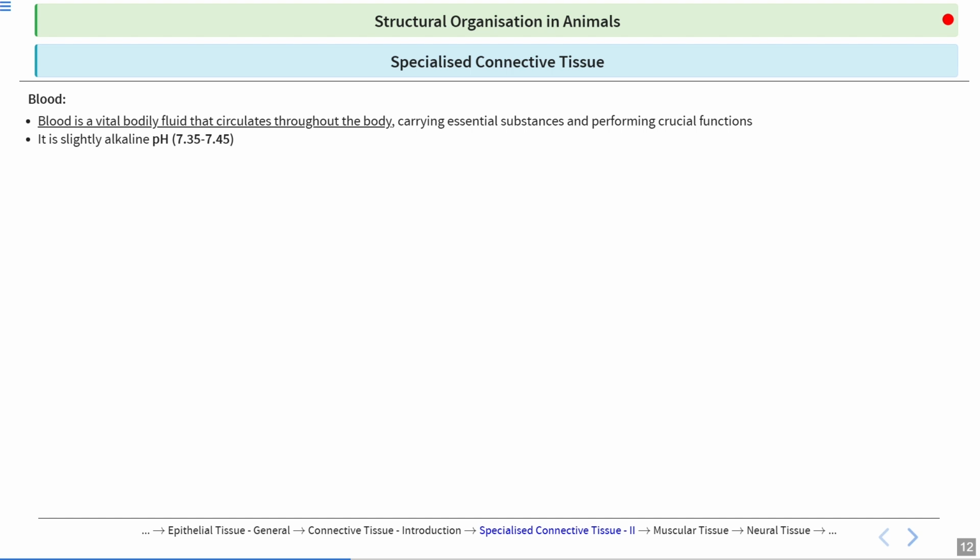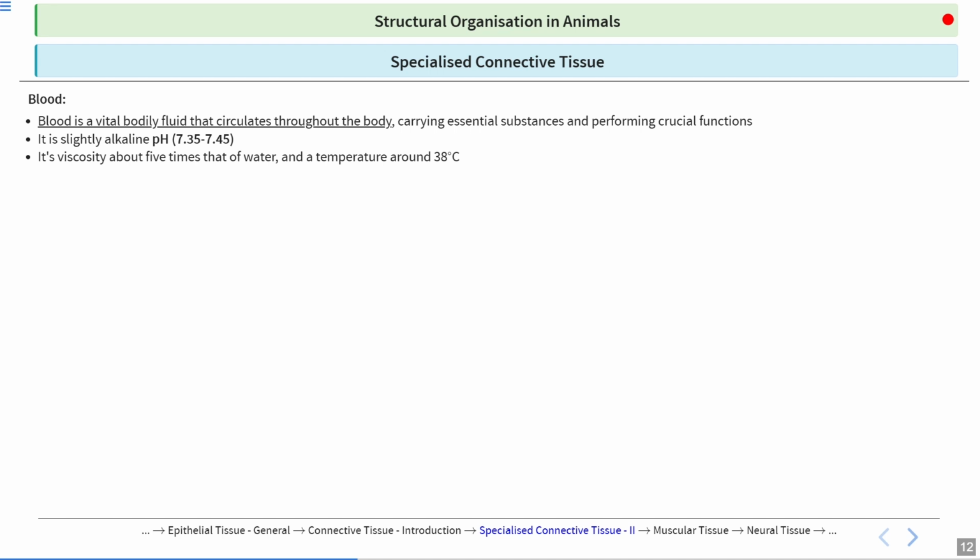It is slightly alkaline. You can see the pH varies from 7.35 to 7.45. So this is the pH of the blood. And its viscosity is about 5 times that of water. You know how viscous water is, right? Because this blood has a lot of protein and also a cellular component, it becomes viscous.